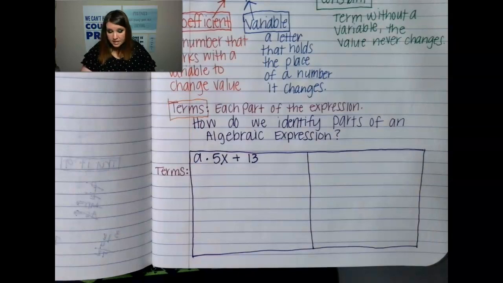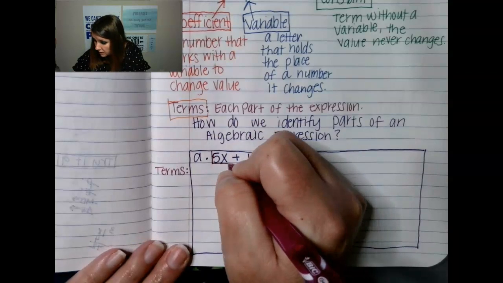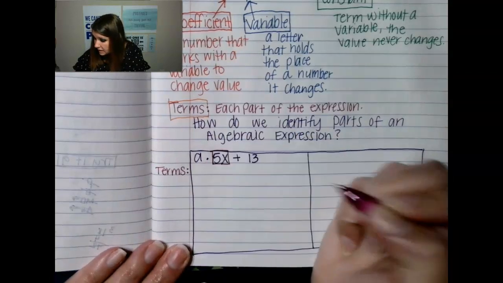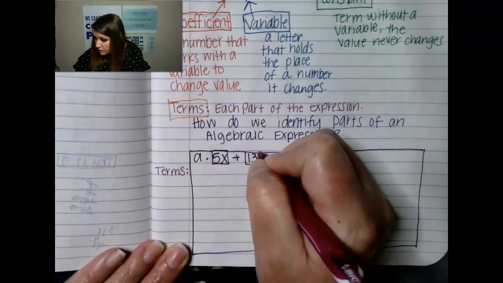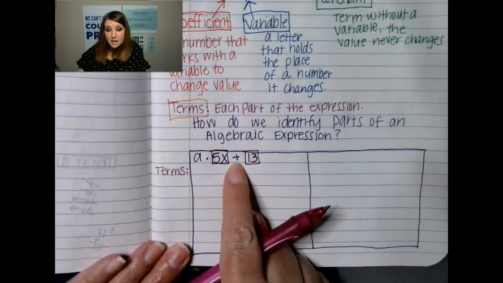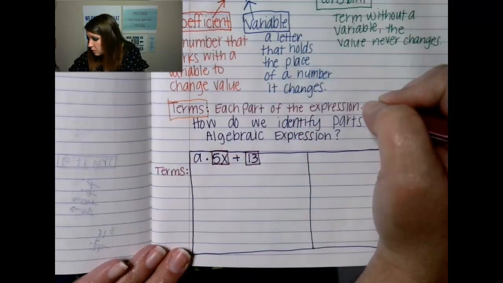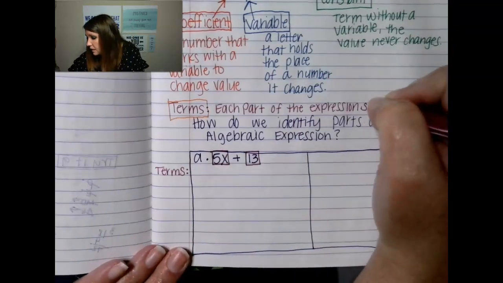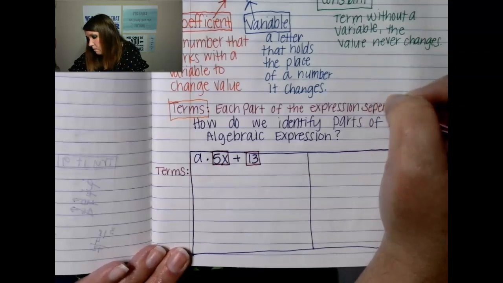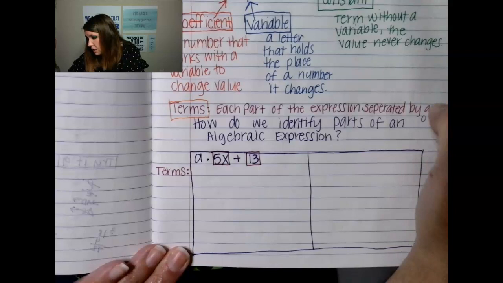So we're going to look at this and see that there are two different terms here. We have 5x and we have 13. Each part of the expression is separated by an operation.